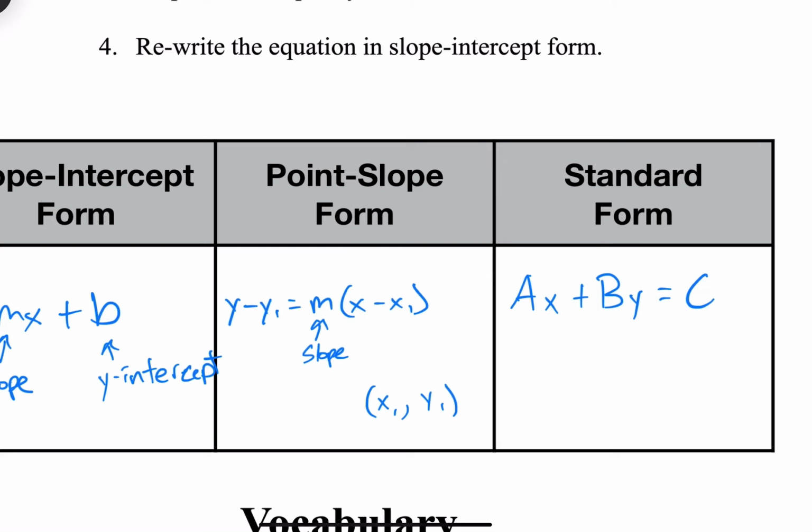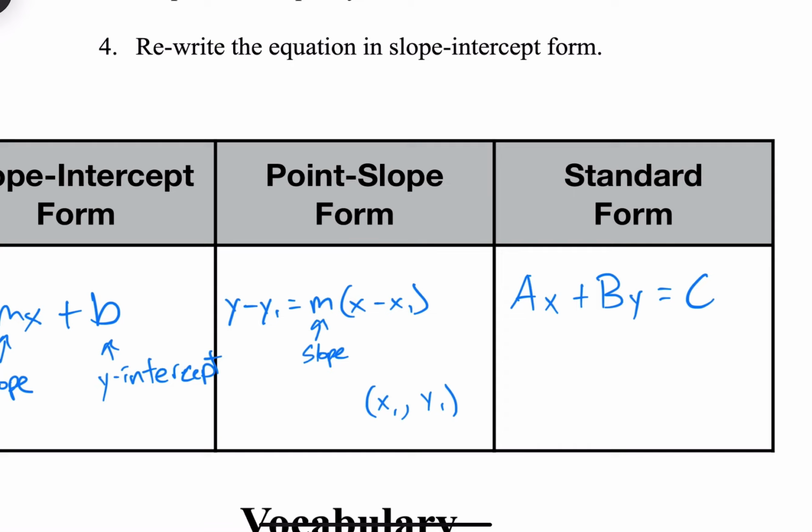So maybe we're at a baseball game, we're buying a hot dog and a soda, and the hot dog and the soda each cost a different amount. We would plug in those different amounts or those different rates for A and B there. And then C is just going to be the total cost of the number of hot dogs and number of sodas that we buy based on their individual prices.